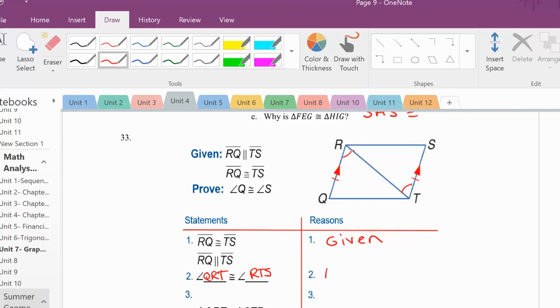And the reason for that is the alternate interior angles theorem, because if the lines are parallel, alternate interior angles are congruent. Then we have a side and angle, and then notice this side is the same in both triangles. So we can say RT is congruent to RT because of the reflexive property.